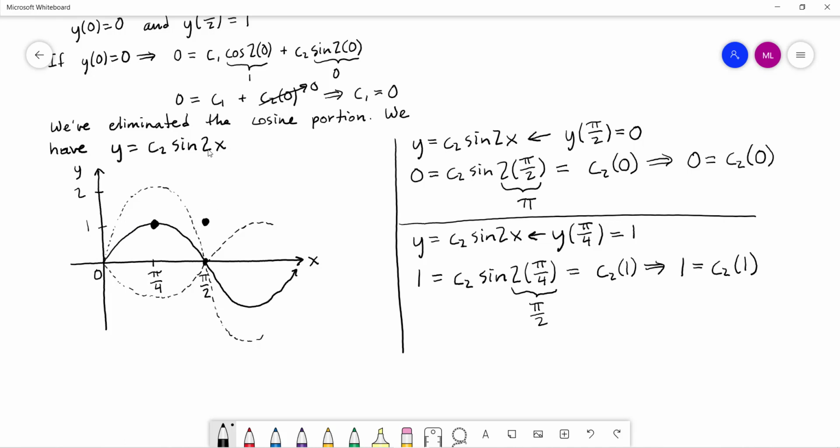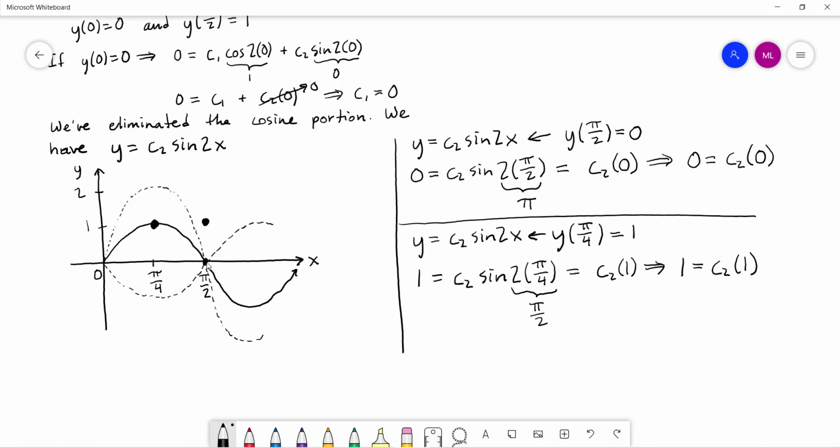Well, I can't, because I've got a 2 right here. If I wasn't enforcing that the period or the frequency of this had a factor of 2 in here, then yeah, we'd be able to find a way to make this work. But that's not how it's set up. The only thing that I do have control over is trying to figure out what C2 can be. It's impossible to find a C2 that will make it so that this function is not 0 when x is equal to pi over 2.